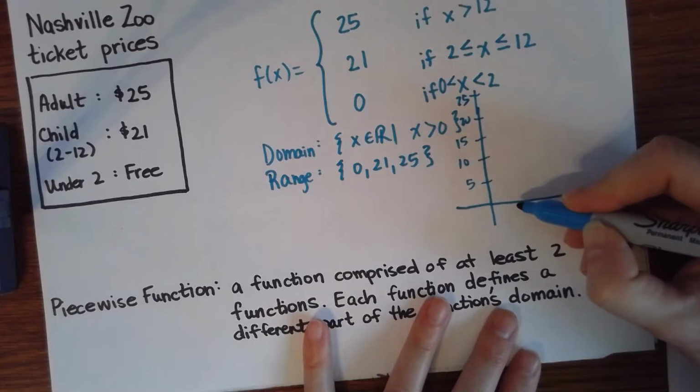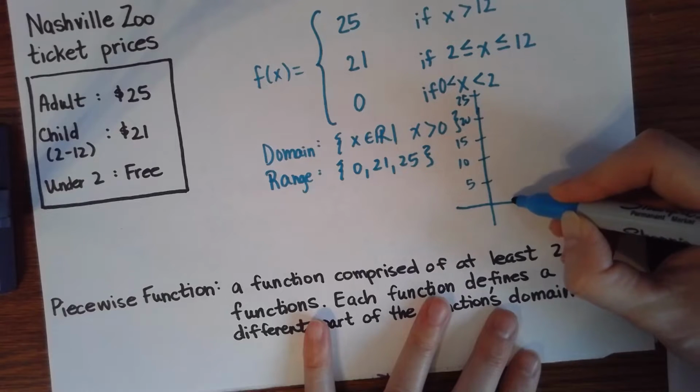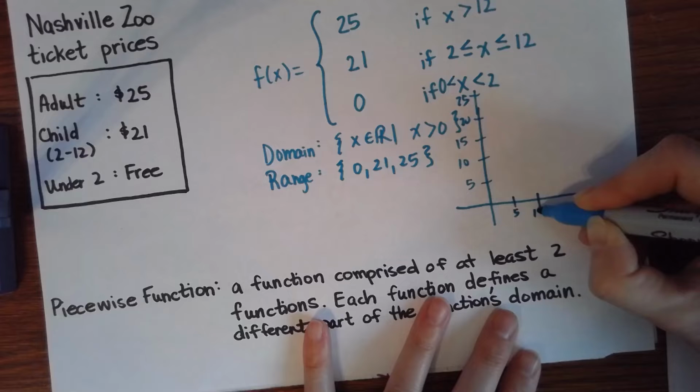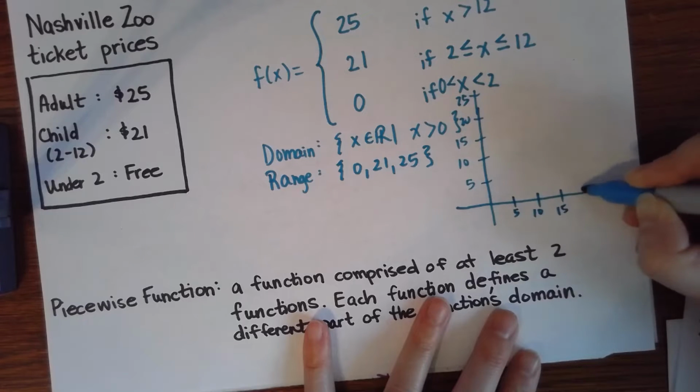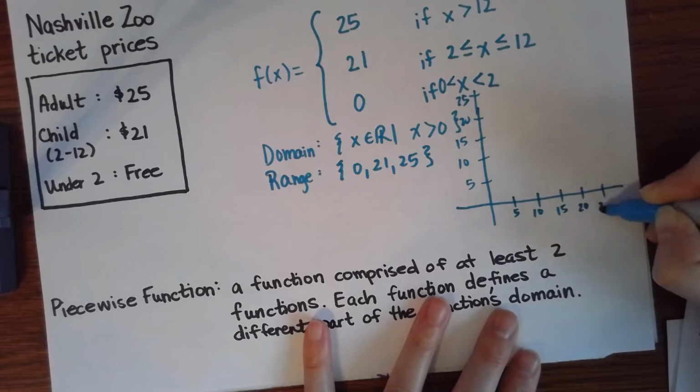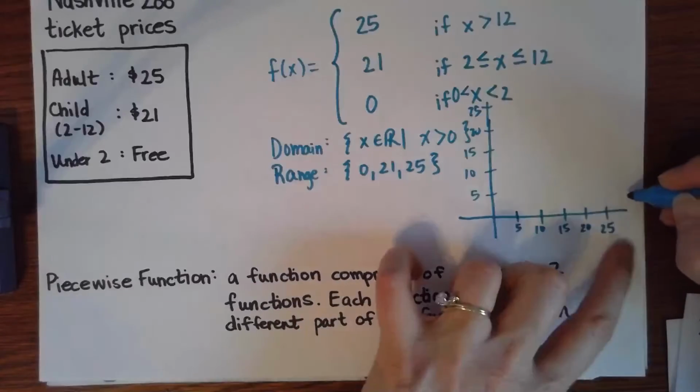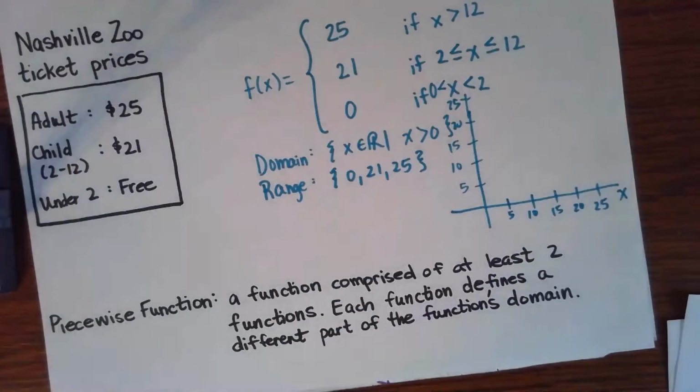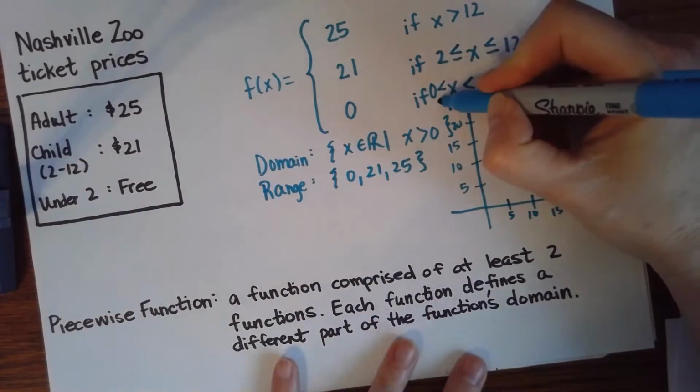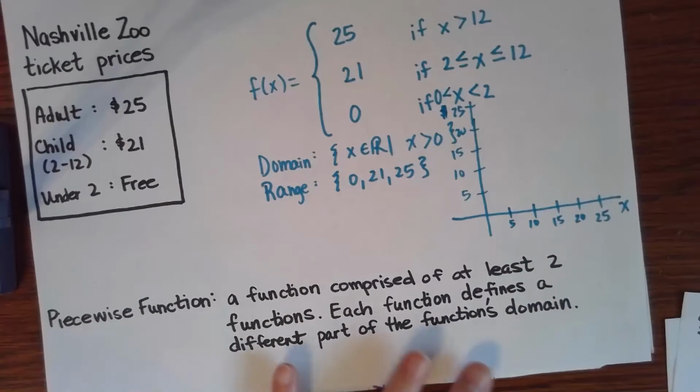We'll also count by 5s, I guess. 5, 10, 15, 20, 25. Okay, so these are the ages, x, and this is the price in money.